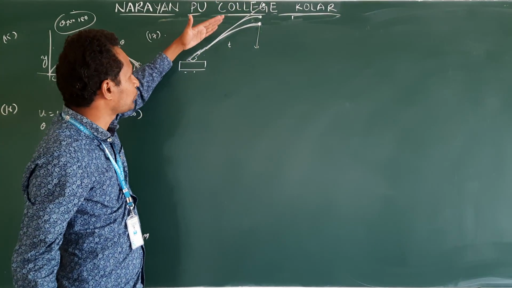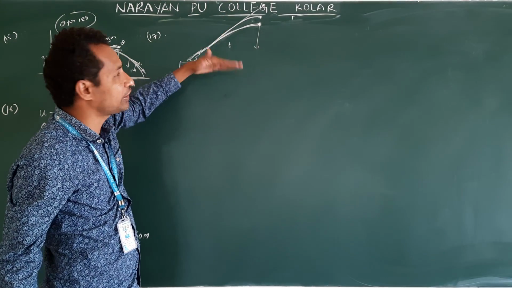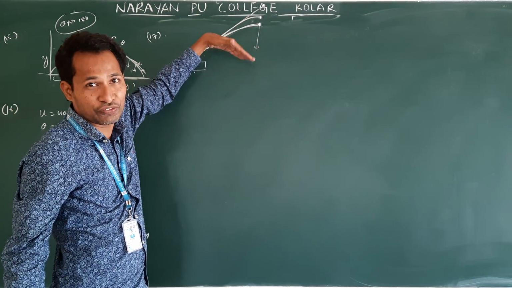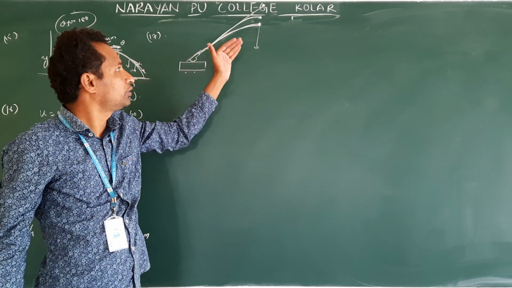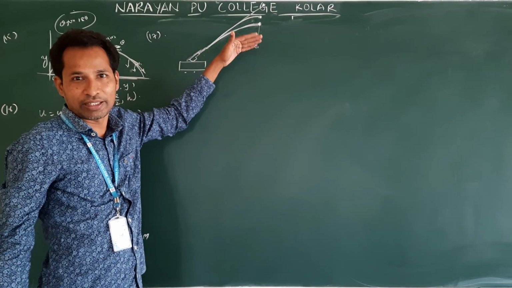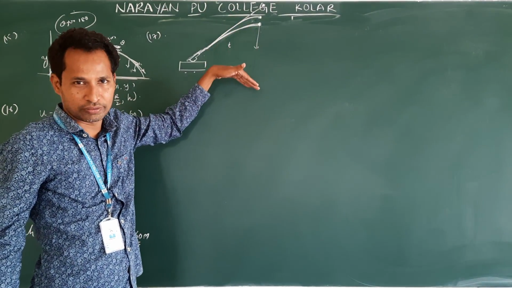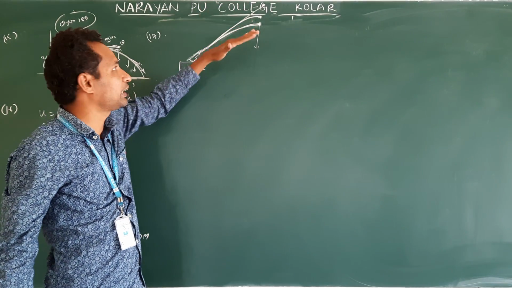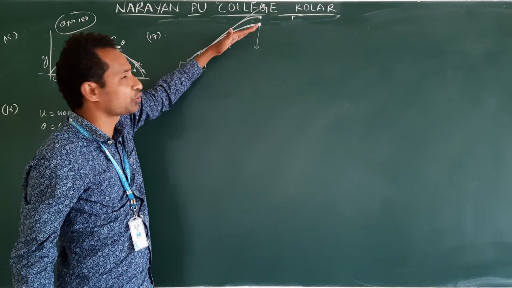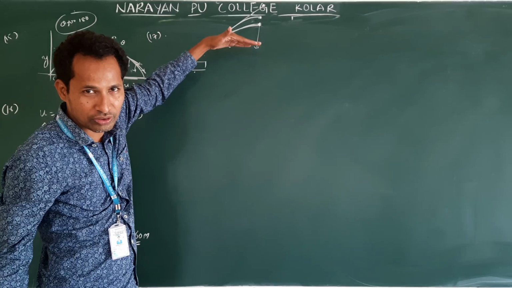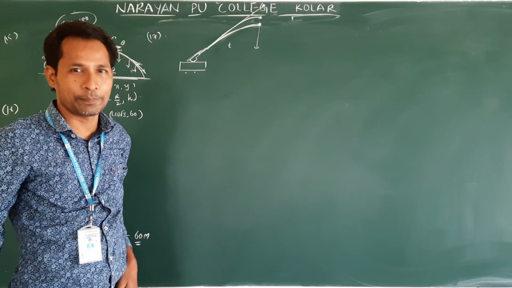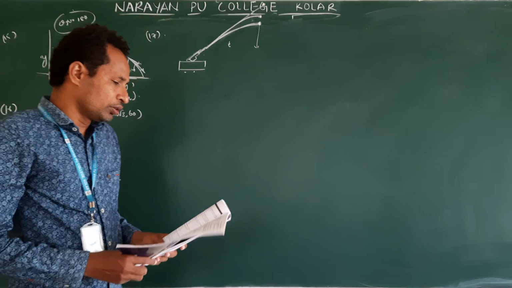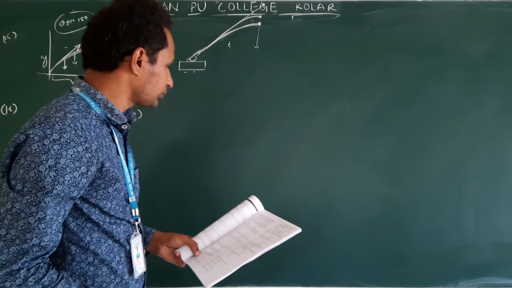Because of the projectile, due to gravity, the stone will come down. If the monkey jumps down, there is a chance the stone may hit the monkey. Clear? If you go up, there is no other chance, because due to gravity the stone will not move up; it comes down. So which is the best chance for the monkey? Going up. Okay.